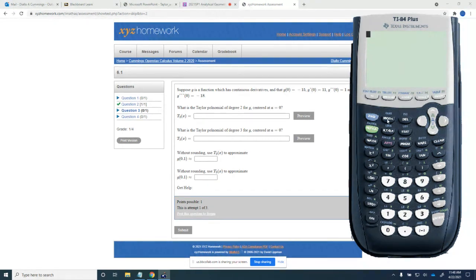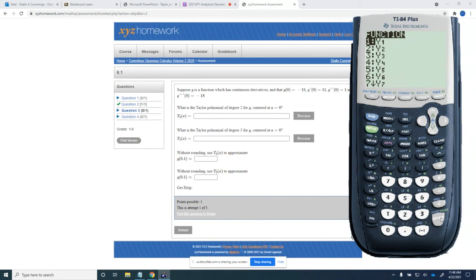I'm going to go back to my home screen. I'm going to hit variables. I'm going to go over to y variables. I want the first function evaluated at 0.1.